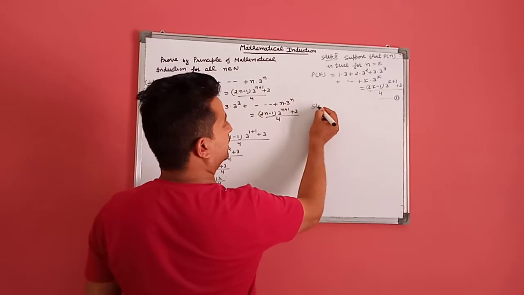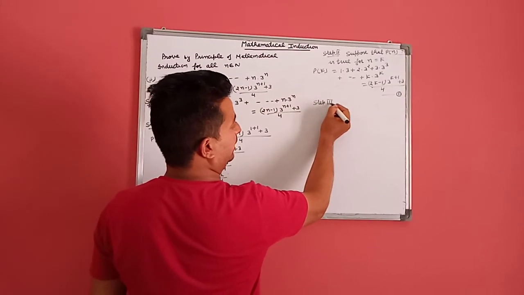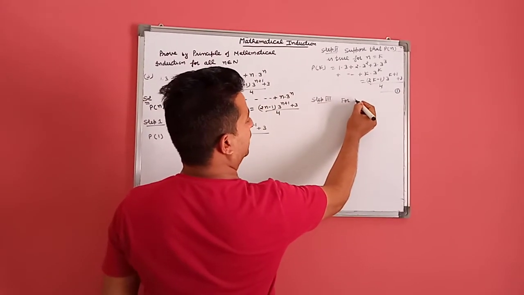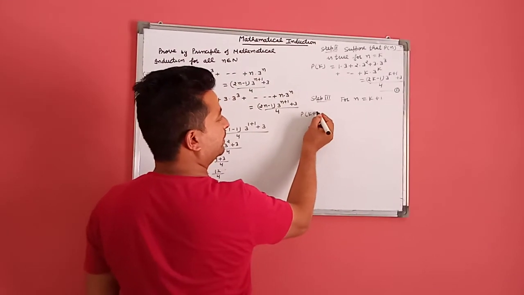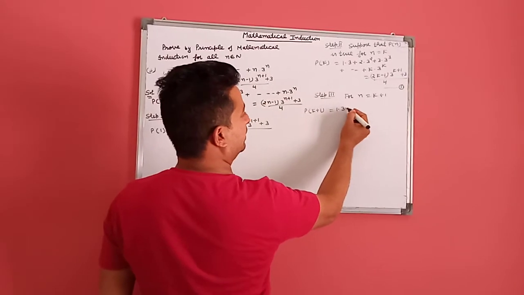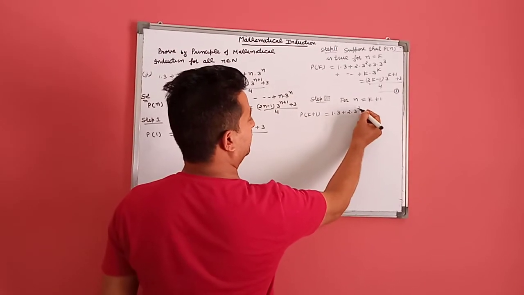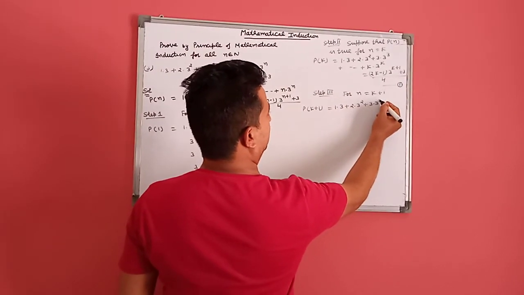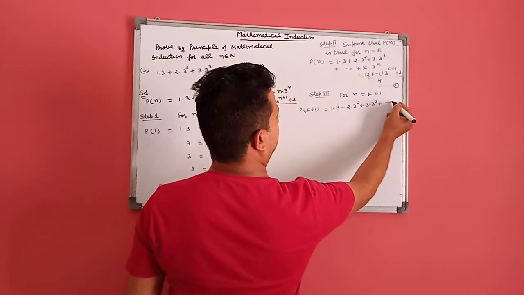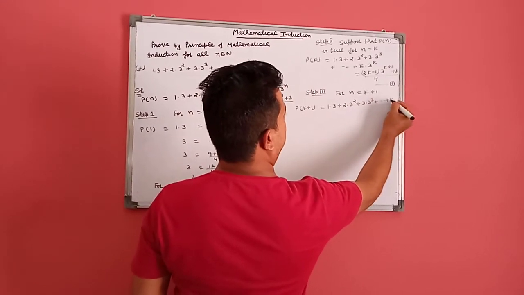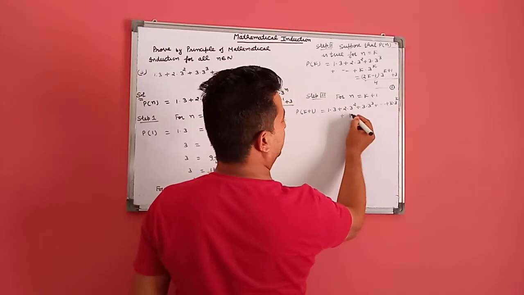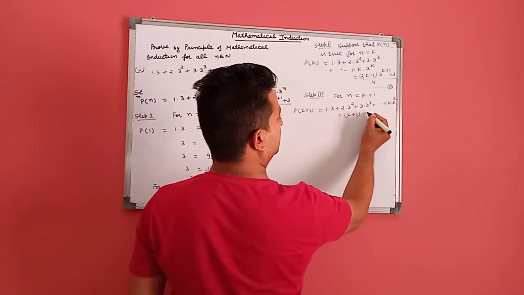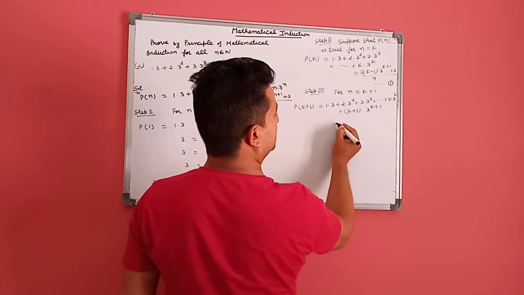In step third, this is the important one. For n is equal to k plus 1, we take k plus 1. This is 1 multiply 3, 2 multiply 3 square, 3 multiply 3 cube, up to k multiply 3 power k, plus we write additional term k plus 1 multiply 3 power k plus 1.